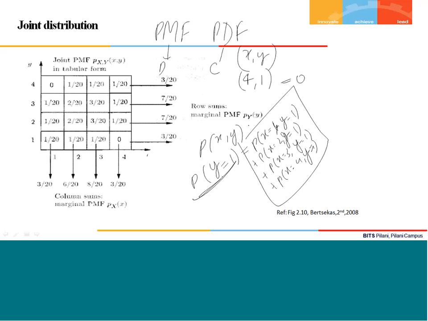I just want to know the probability of y at 1, but it can take 1 with x1, x2, x3, and x4. Because I am only interested in the value of y, I can sum up all these probabilities and tell the customer that the probability that you can see y equals 1 is 3 by 20.